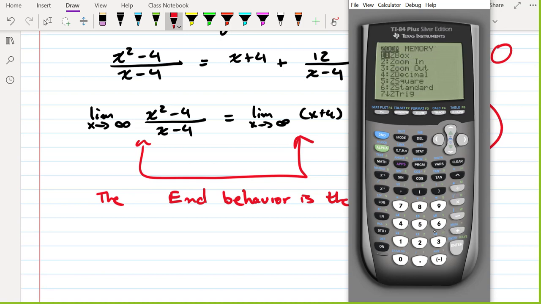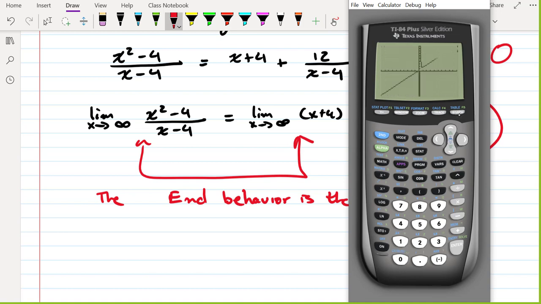So if we go zoom 6, because I messed up the window, there's our graph, and at first glance we see they don't look very much the same at all. Well, let's go ahead and change our window. So let's go from negative 100 to a positive 100, and let's scale in tens. Same thing here, negative 100, positive 100, and let's scale in tens.